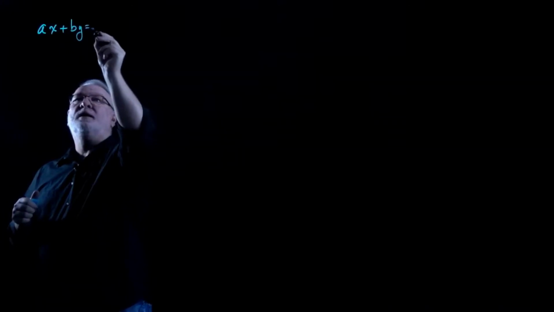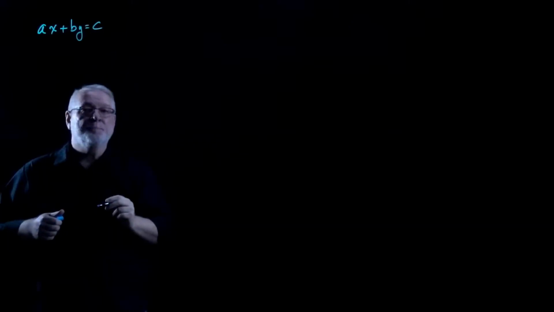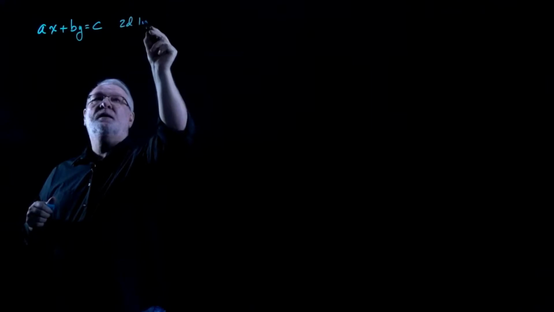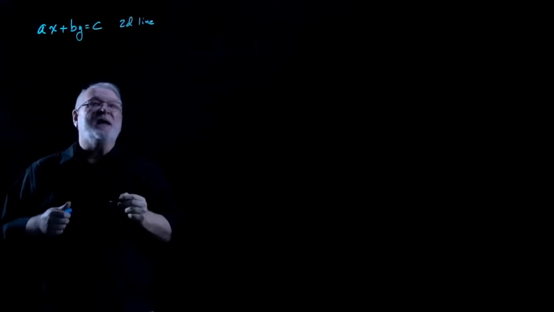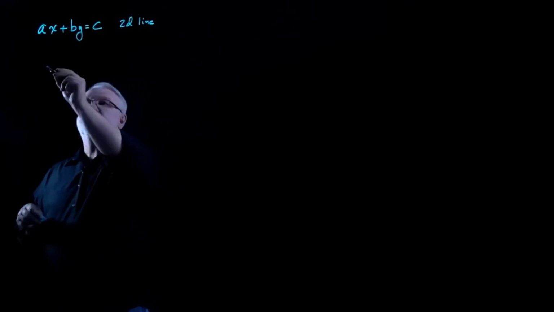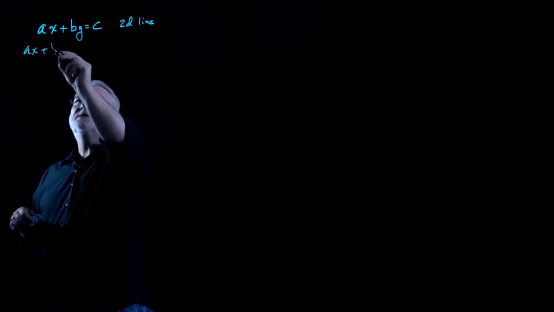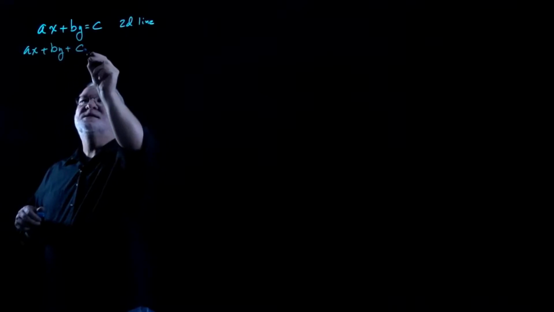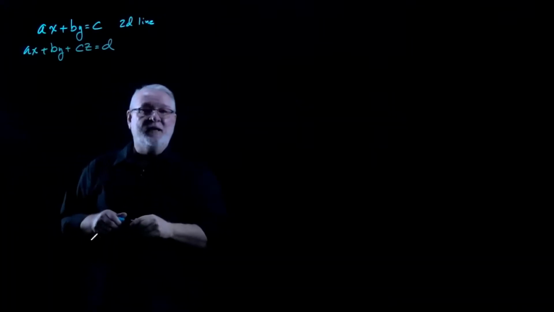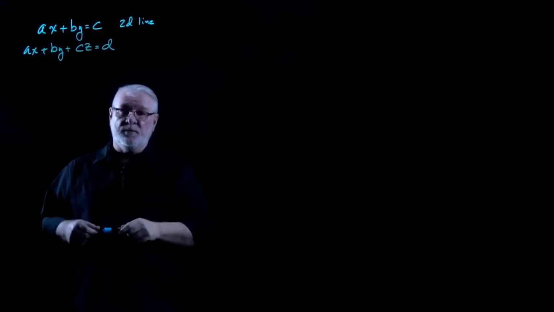When you took Algebra 1, you learned that the standard formula of an equation for a line was ax plus by equals c. Because this represented a 2D line, it might make perfect sense that if we simply expand this to 3 dimensions, ax plus by plus cz equals d, that this might in fact make a line in 3 dimensions.